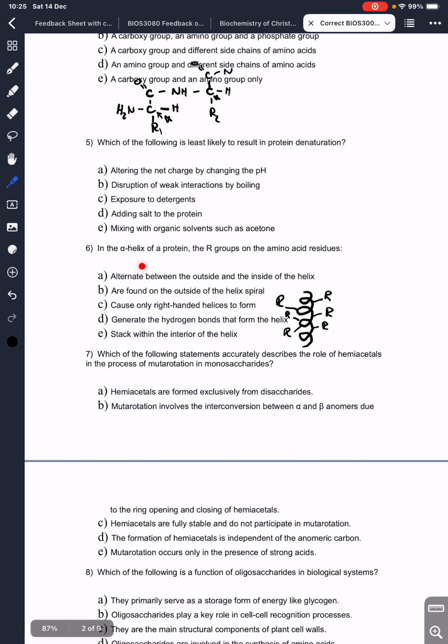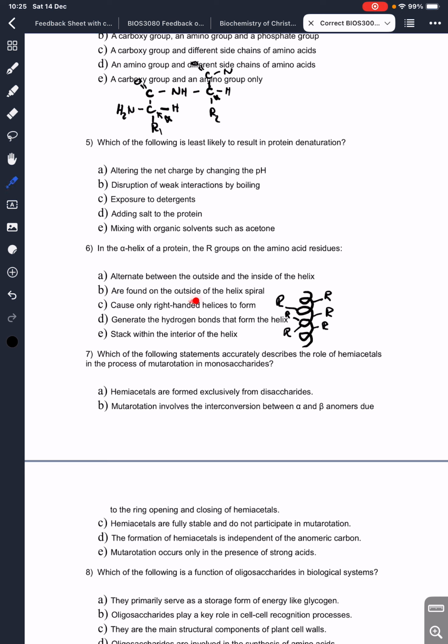In the alpha helix of a protein, the R groups of the amino acid residues, we looked at the structure of that, and we said the R groups are sticking out to each side of the helix. So they don't alternate between inside and outside, so that's certainly not correct.